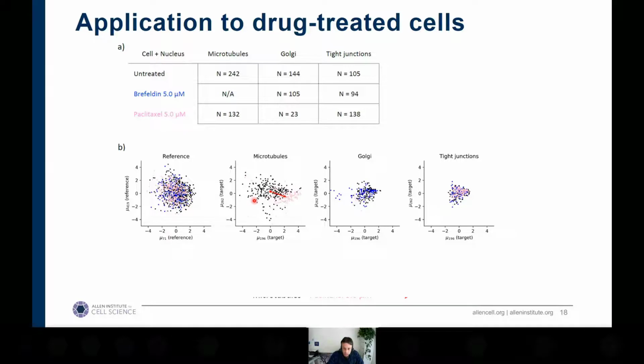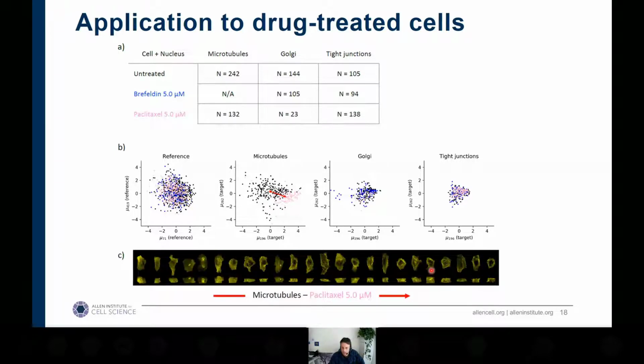Looking at target models, we do observe a shift in the conditional latent representation, which represents, in this particular case, the effect of paclitaxel on microtubules. By sampling images uniformly across this red arrow, moving from left to right here, we see the change from a uniform to a more condensed localization, which fits with the understood mechanism of action for this particular drug.